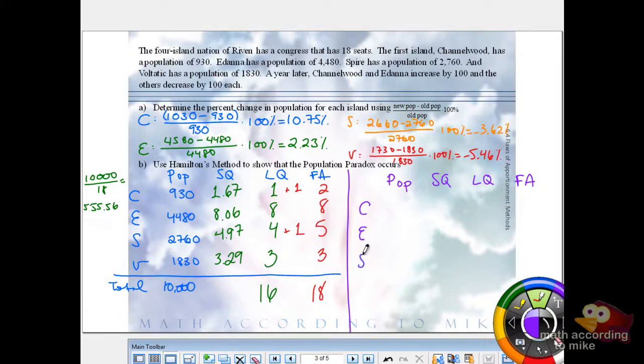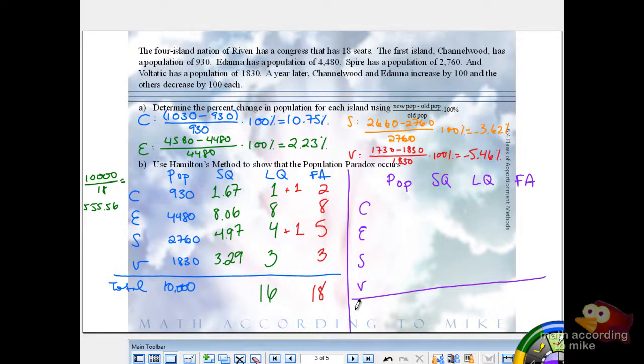So let's show that this paradox occurs. T for total. So Channelwood is now up by 100, so 1030. Edina is up by 100, so 4580. Spire and Voltaic are down by 100.